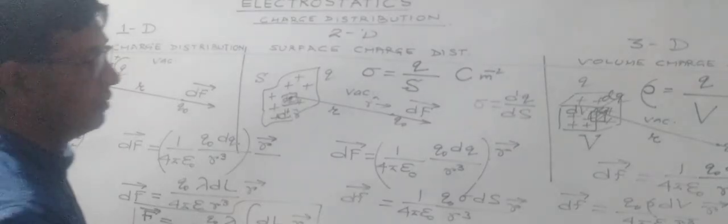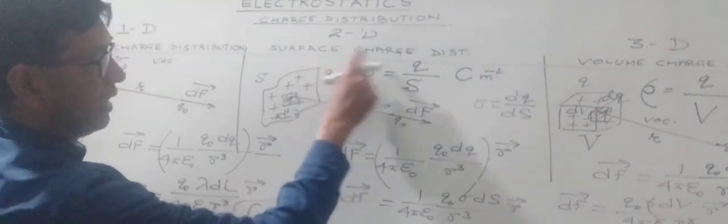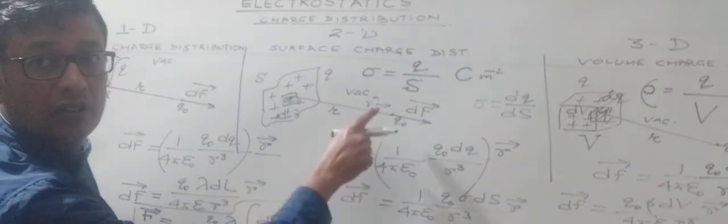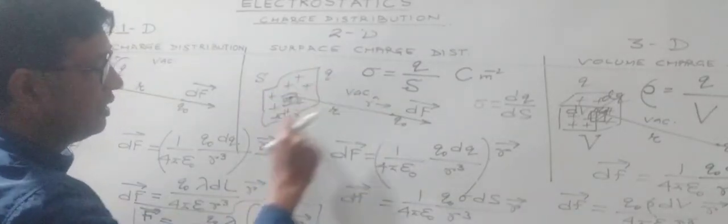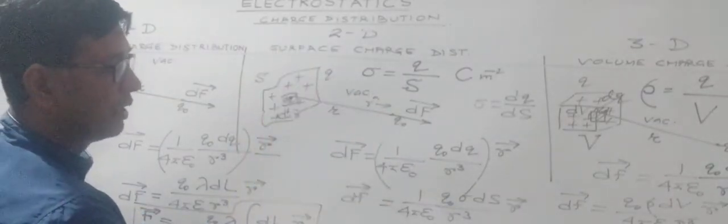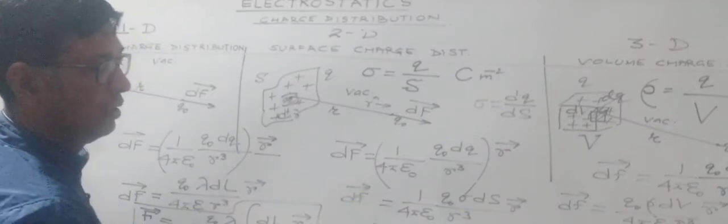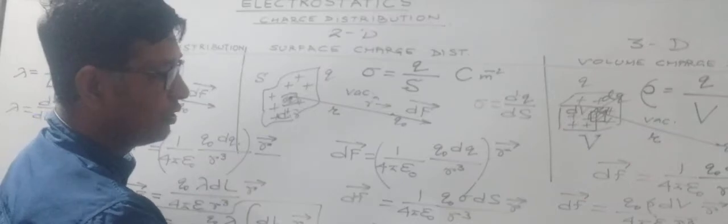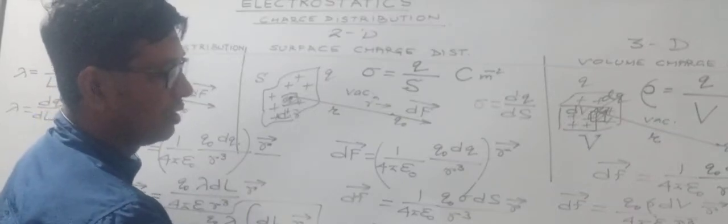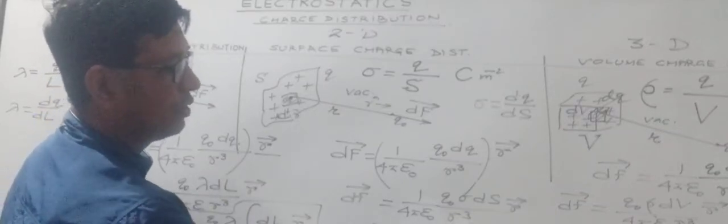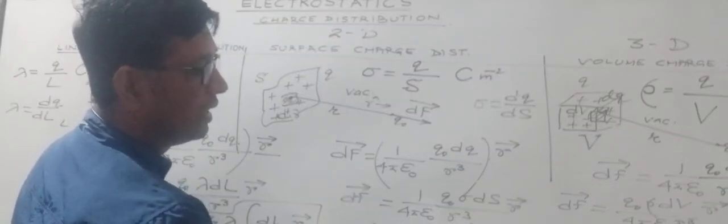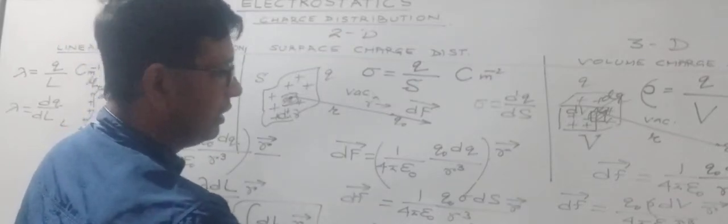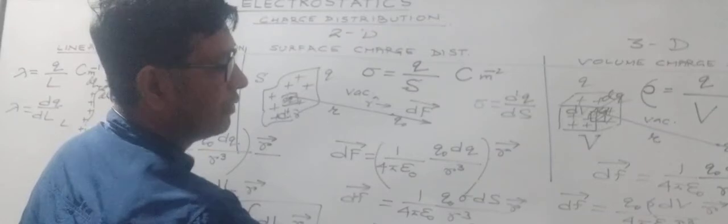So this is the expression for the force experienced by charge Q naught due to this line charge distribution. Similarly, in case of surface charge distribution, the force experienced by Q naught due to this entire surface charge distribution would be given by integration of this. So integration of dF is F. Constants can be taken outside the integration, so Q naught sigma is constant, 4 pi epsilon, and this is a double integration, dS divided by r cube r vector.